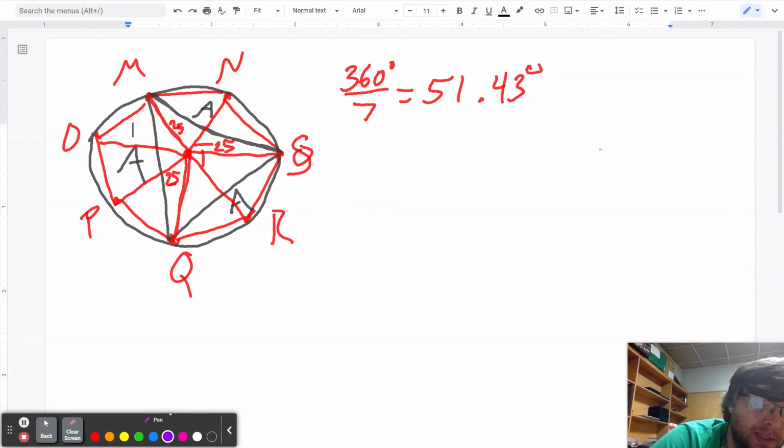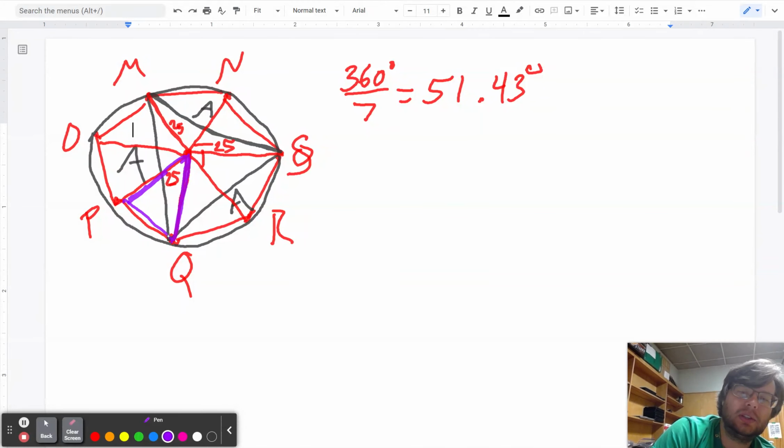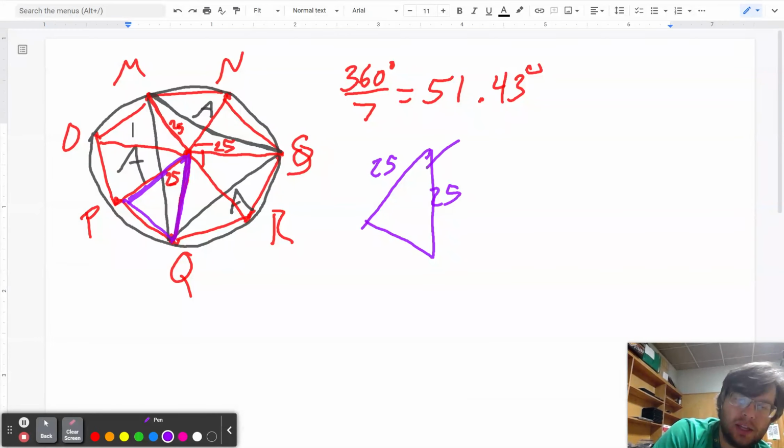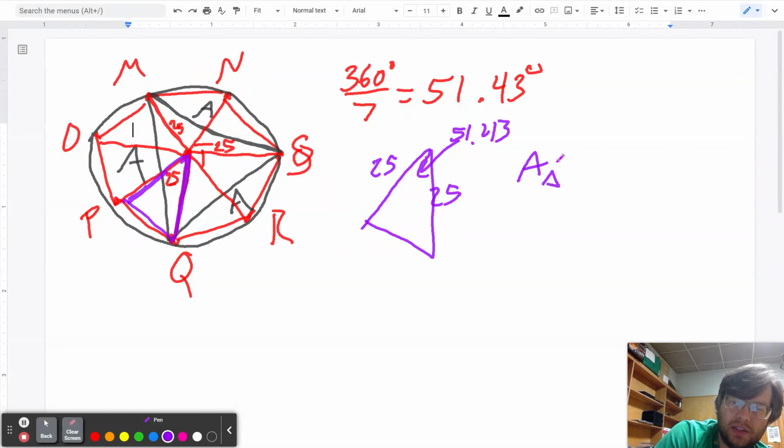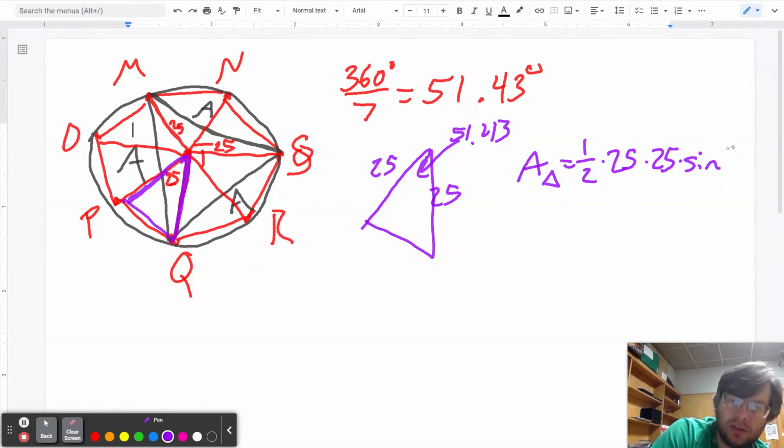So let's do that. Similar strategy to what I've done in the other videos. I'm going to focus on just one of those triangles. So it looks like this. I've got 25, 25, and then this angle right here is 51.43. So the area of a single triangle, using our formula, 1/2 times A times B times the sine of 51.43.